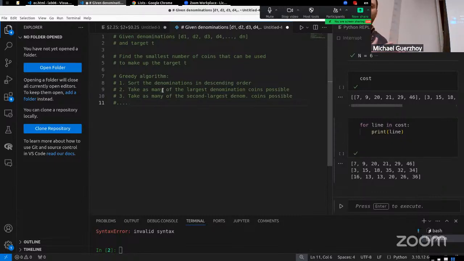So that can work. There is actually a somewhat complicated property. It's not as if they're all multiples of each other, but there is a property that guarantees that the greedy algorithm would always work. But like we saw in the slide, there are sets of denominations where this just doesn't work.